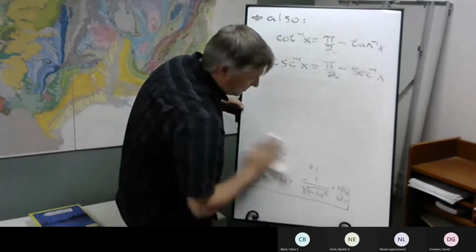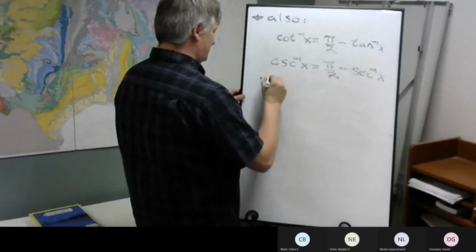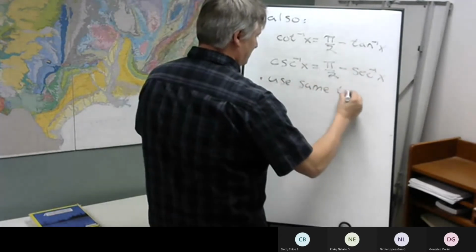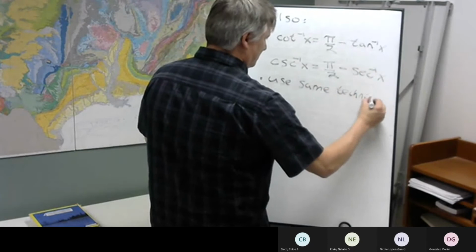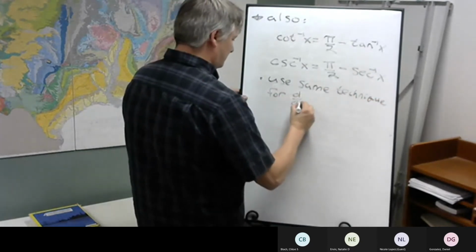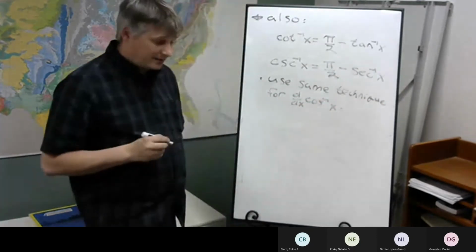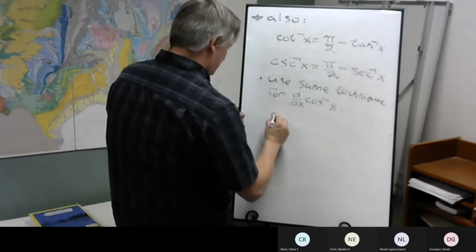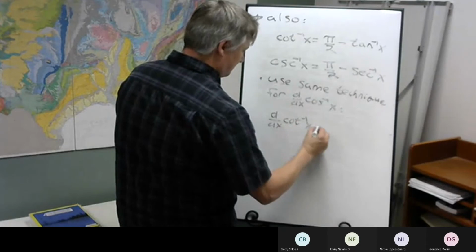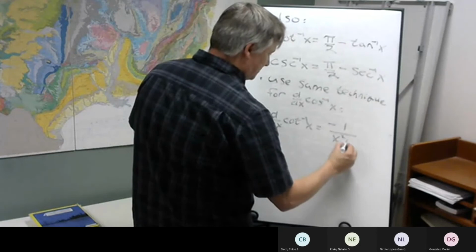So using the same technique, what we're going to get is the derivative of cotangent inverse of x is minus 1 over x squared plus 1.